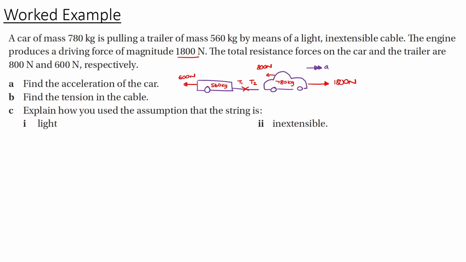Now because I don't know what T1 and T2 are, even though I know that they are both equal, so if I just call that T, the fact that T is a mystery, as we don't know the tension in the rope, we'll look at this as a collective.